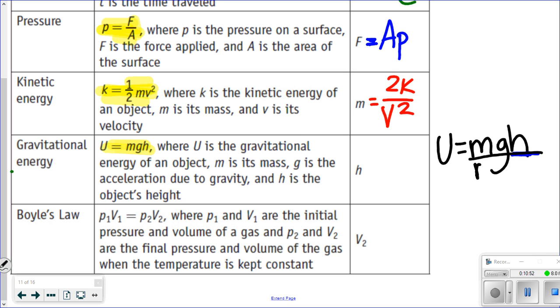So I want to divide by M so that they cancel out. And I have to do it on this side as well. But at the same time, let's divide by G as well so that those cancel. But I have to do it to the other side as well. So it's one step. Divide by M and G at the same time, and now you have H all alone. So H equals U divided by mg.